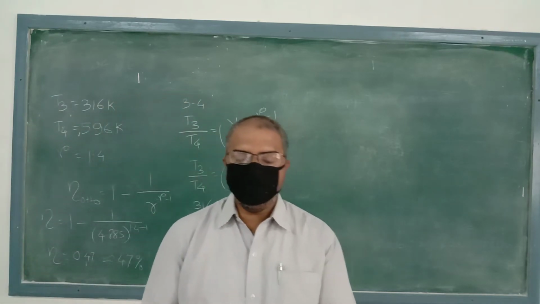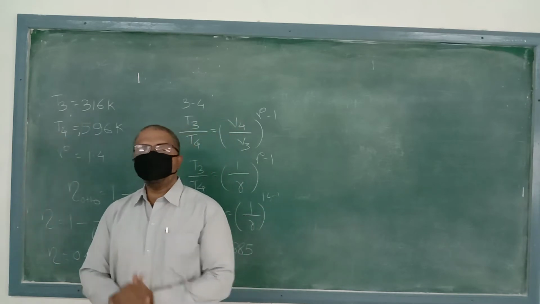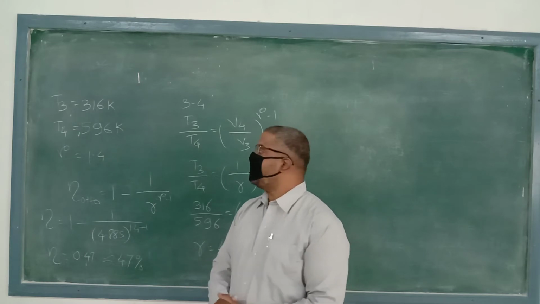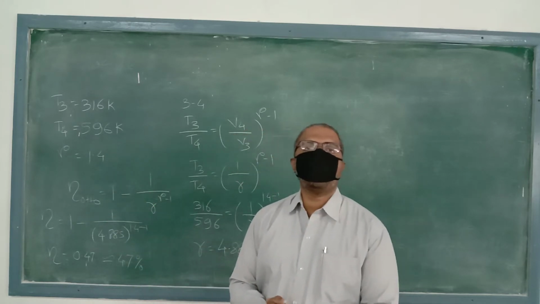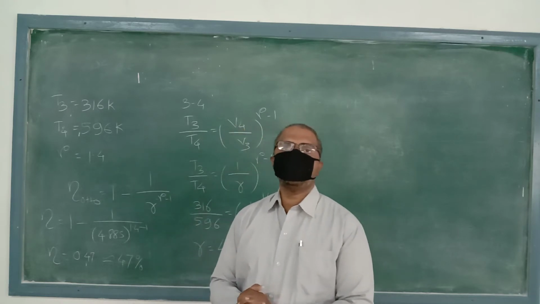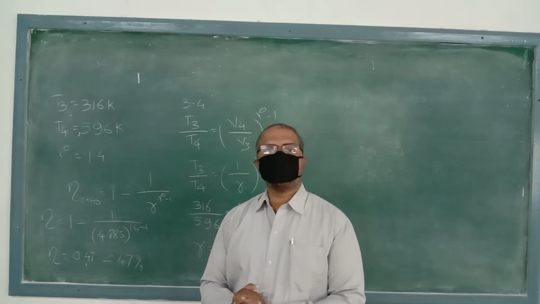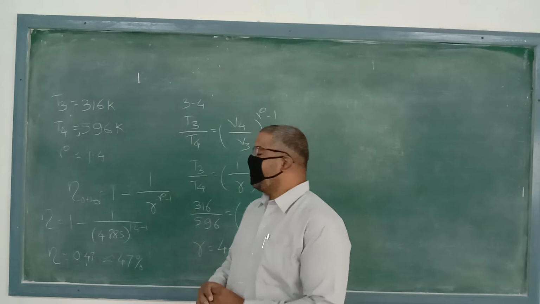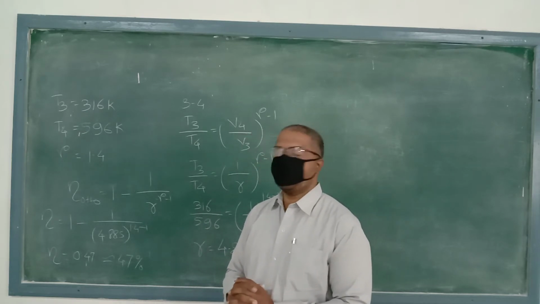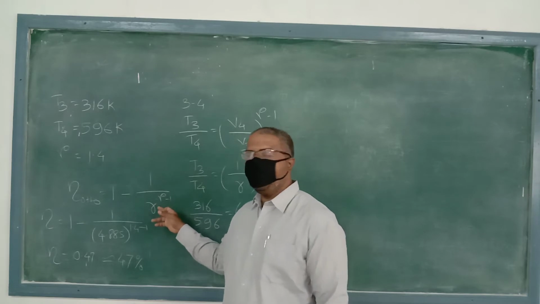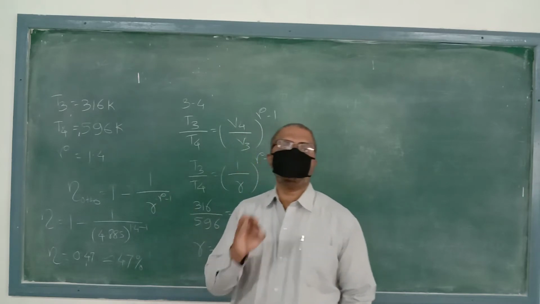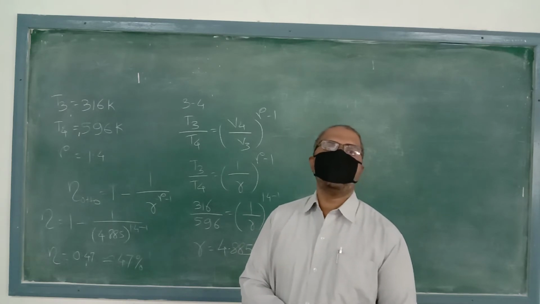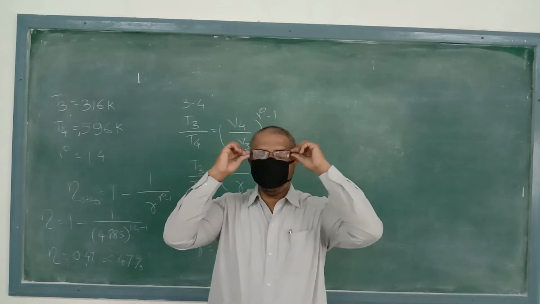See which values they have given in this problem: the starting temperature and end temperature of the isentropic process, and also the value of gamma, and they are asking you to find the efficiency of the Otto cycle. We have the formula efficiency of the Otto cycle: 1 minus 1 upon r raised to gamma minus 1. In this formula, the value of gamma is given, but the value of r is unknown, so first we have to find r.